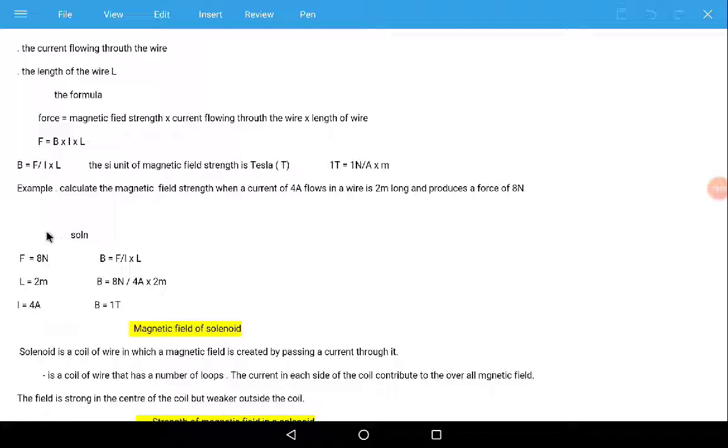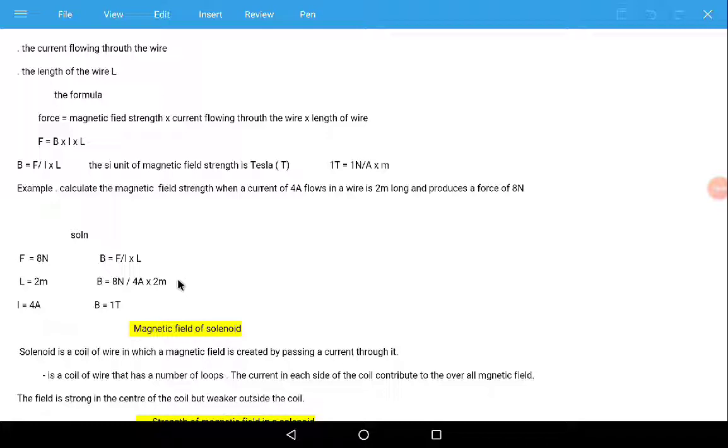Now force 8 Newton, length 2 meter, current 4 ampere. Required: magnetic field. From the above formula, magnetic field is equal to force divided by current times length. So force 8 Newton divided by length 2 meter times current 4 ampere.